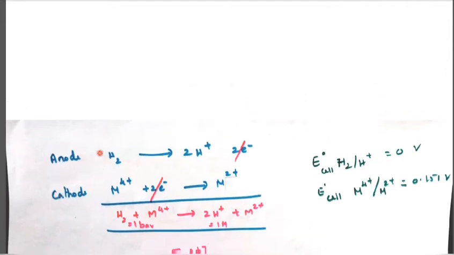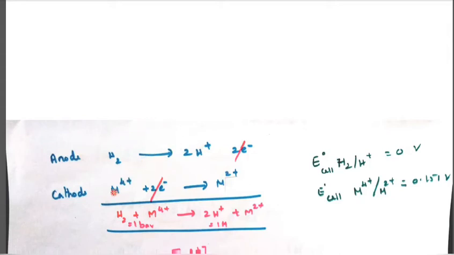Oxidation is the loss of electrons. Hydrogen gives 2H plus and 2 electrons, so this loss of electrons is the oxidation reaction. Then M4 plus gains those 2 electrons and becomes M2 plus, so it is a reduction. M4 plus is reduced to M2 plus, and here 0 is oxidized to plus 1.